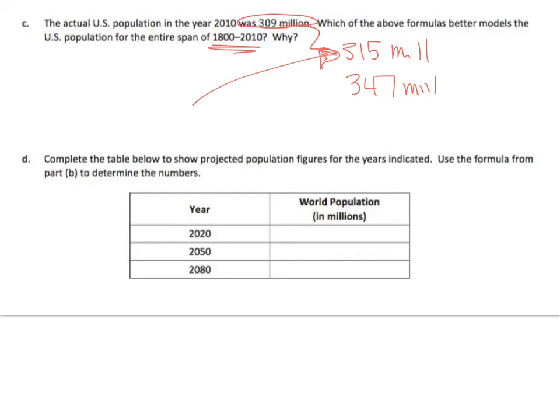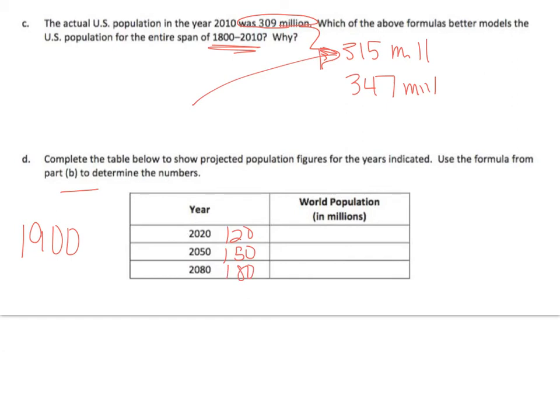We're using the formula from part B. So we're at years past 1900. So this would be 120, 130. Sorry, that's a 150. That's really funny. 150 and 180.